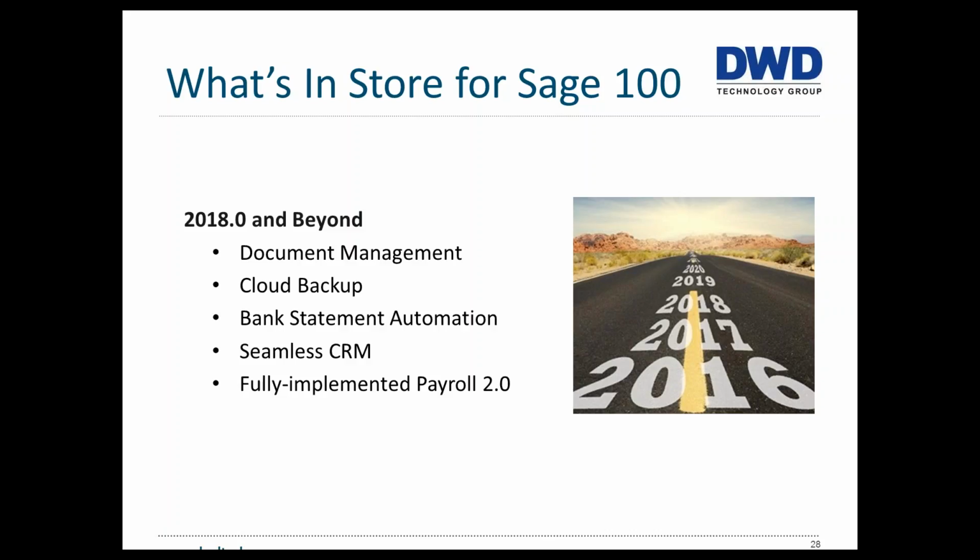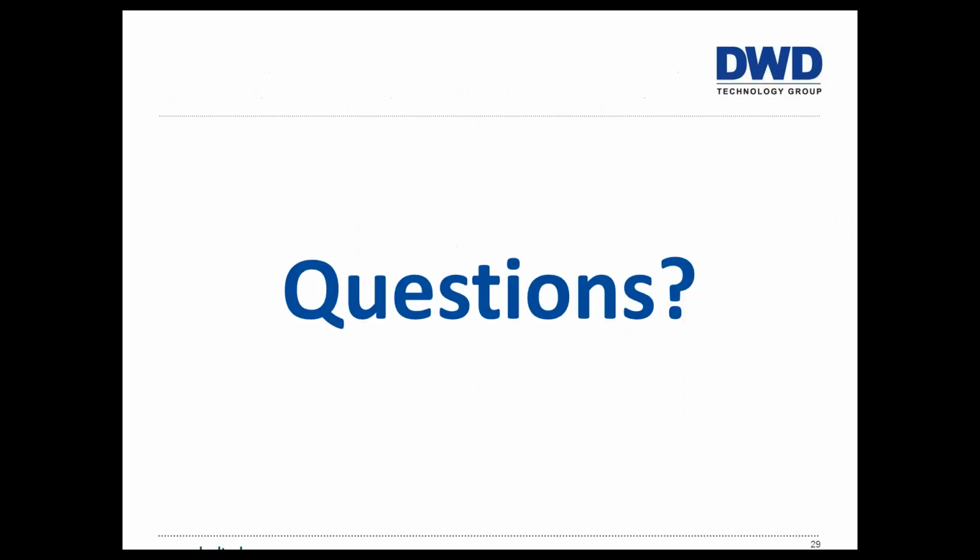And as far as customer resource management, Sage CRM, it's going to be a much more seamless integration with Sage CRM, and we expect a fully implemented upgrade of the payroll to the new platform. So that's kind of where we are and where we are expecting to go with Sage 100.